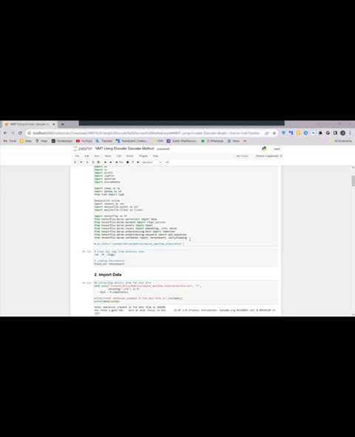It can be useful for tracking the progress of lengthy computations, and these are data visualization libraries. Here, matplotlib inline is a Jupyter Notebook magic command that ensures that plots are displayed in the notebook. Seaborn and matplotlib are libraries for data visualization.